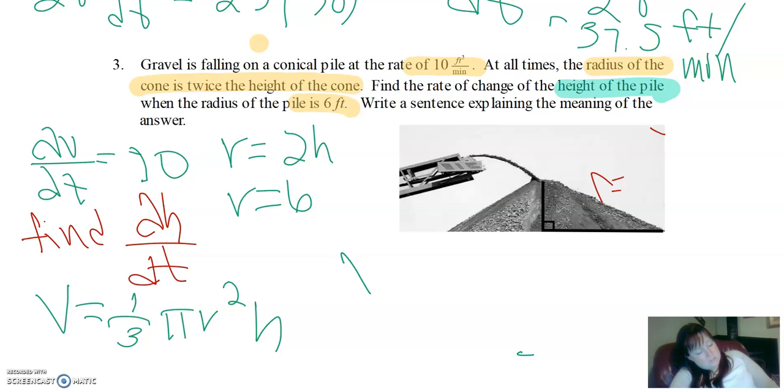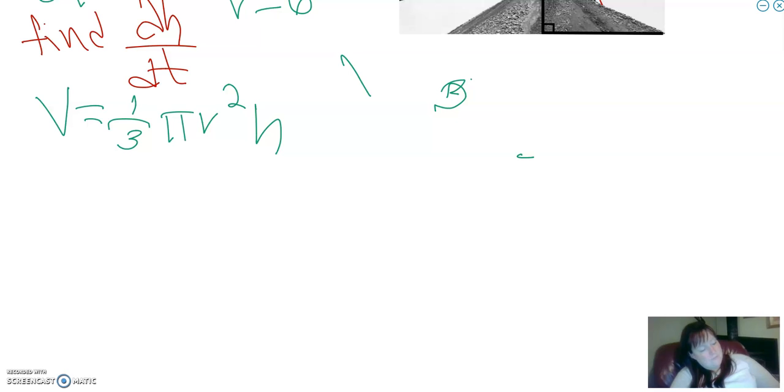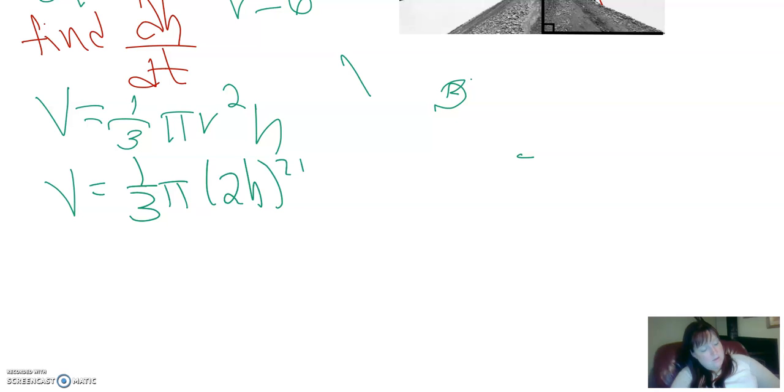So we're going to substitute in. Volume equals 1/3 pi times 2h squared times h.